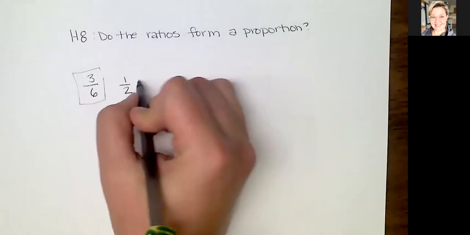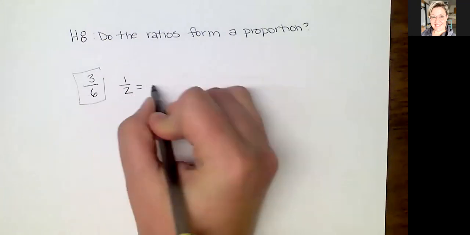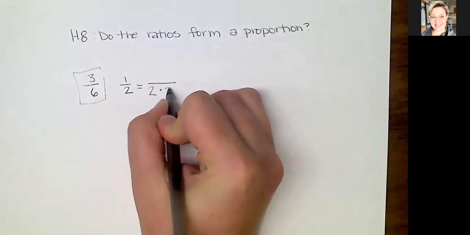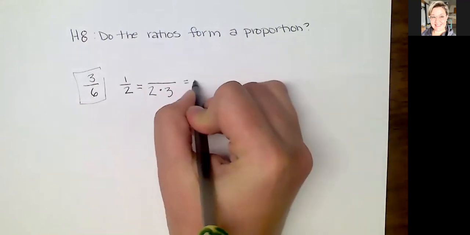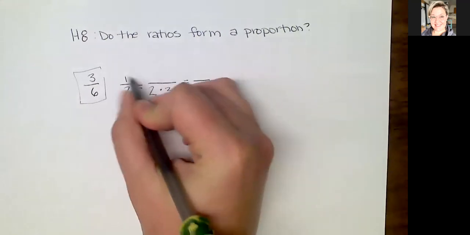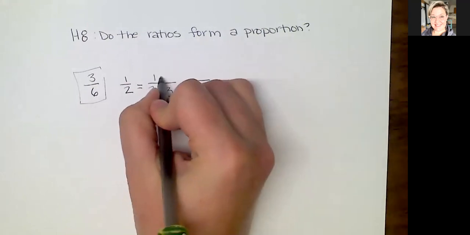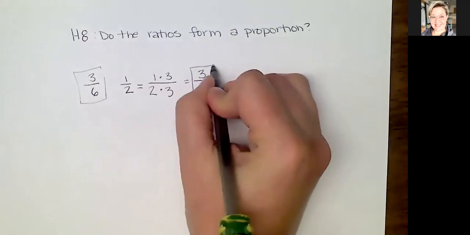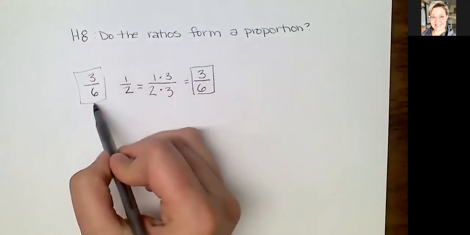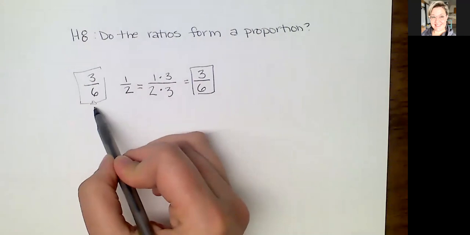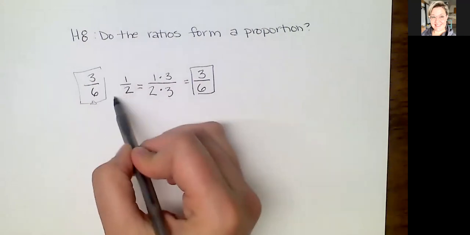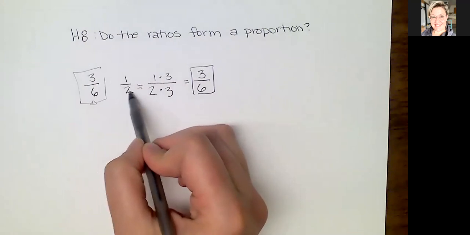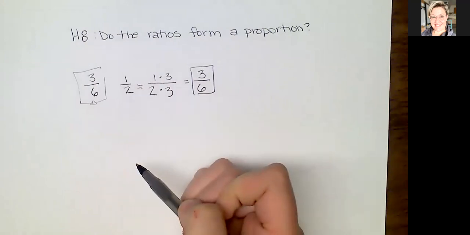So 2 times, we're going to do it this way. We know that 2 times 3 is 6. So we're going to multiply the top by 3 also. So 1 times 3 is 3. And now we know that 3 over 6 is an equivalent ratio to 1 over 2, because 1 over 2 is the same as 3 over 6.